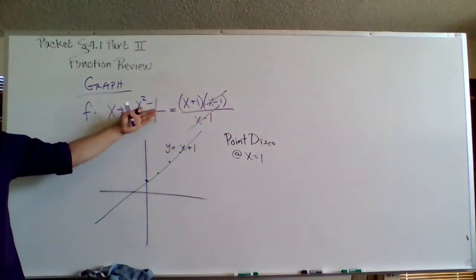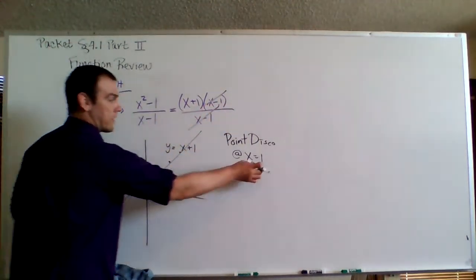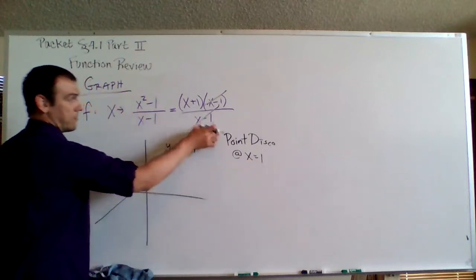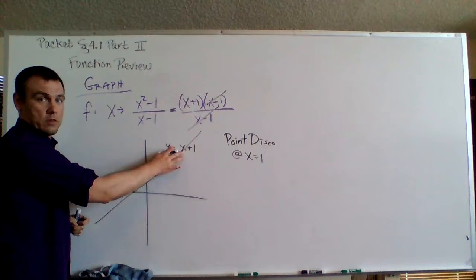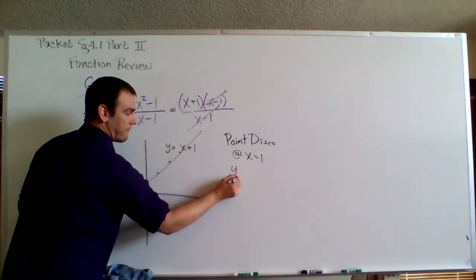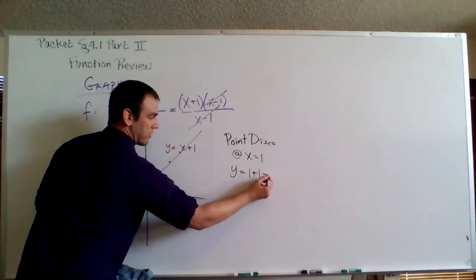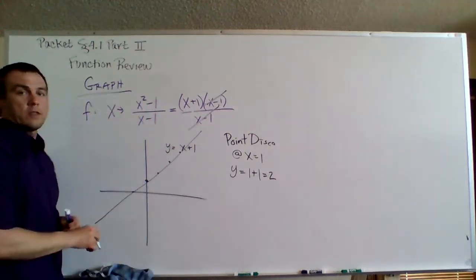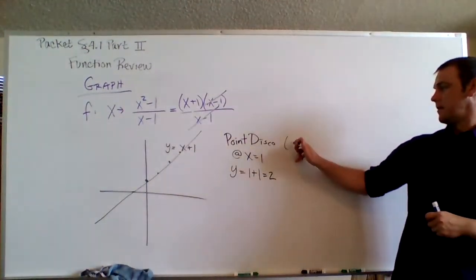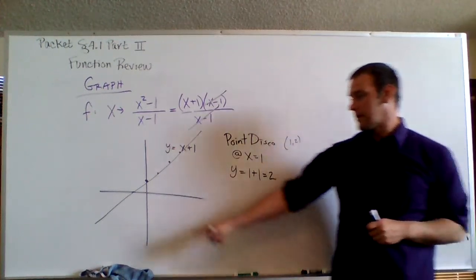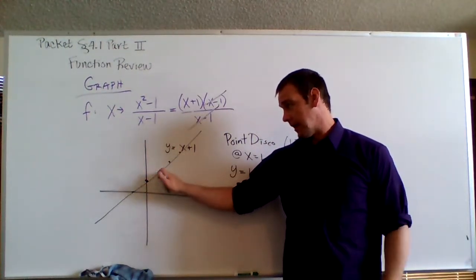So to find the y value of our point discontinuity, you plug x equals 1, or whatever your value is here, back into whatever is remaining, which is x plus 1. So our y value is going to be 1 plus 1, which is 2. So our point discontinuity is actually going to be happening at 1, 2. Which makes a lot of sense because that would have been a point on this graph.